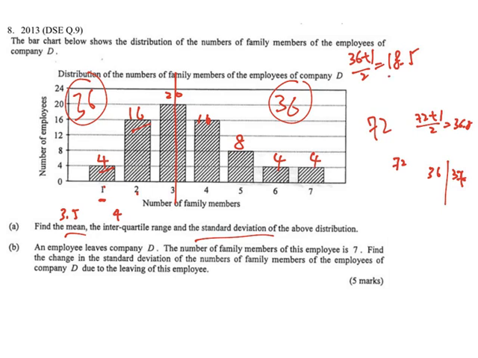And for the lower quartile, also between the 18th and 19th. So 18 and 19, this one is 20. These two add them. So the lower quartile is 2. So 4 minus 2, so the interquartile range is 2. For SD, shift 2 2 EXE. Then you can find the answer is 1.5.